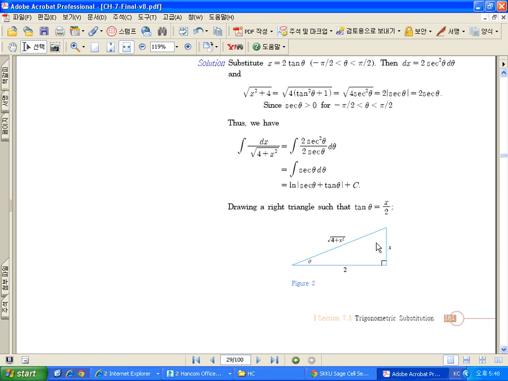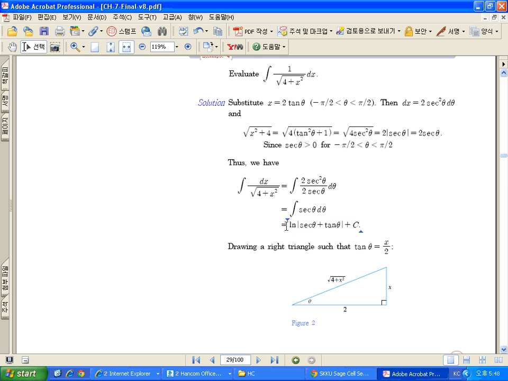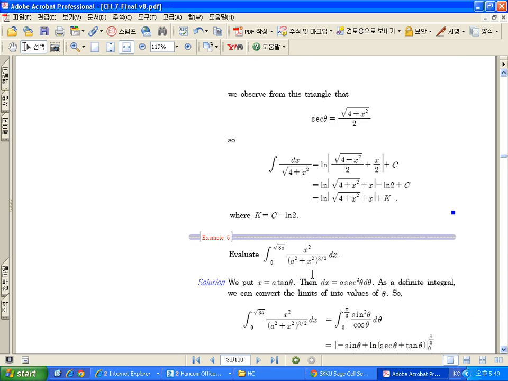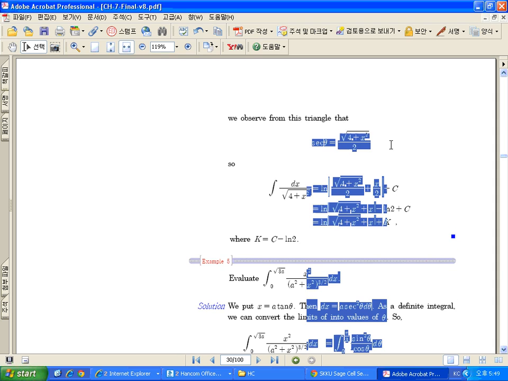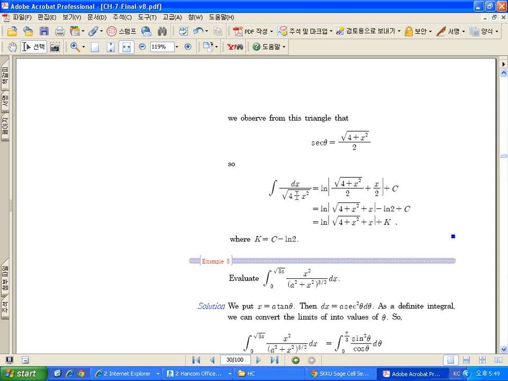So now you have this one. In order to go back to the function in terms of x, we draw the right triangle with tangent theta equal to x over 2. Then we substitute the secant and tangent, which gives us this.